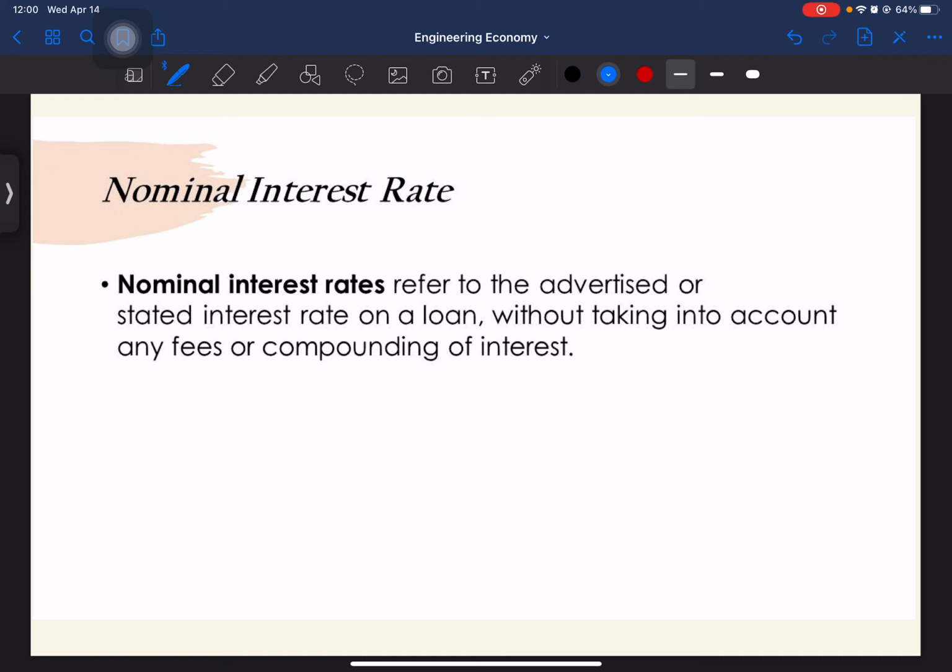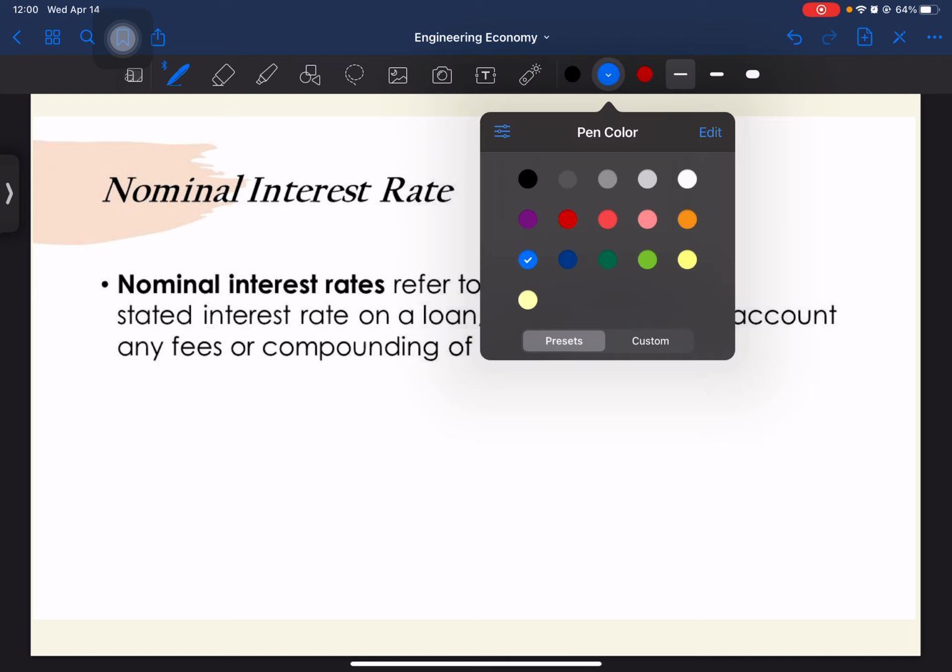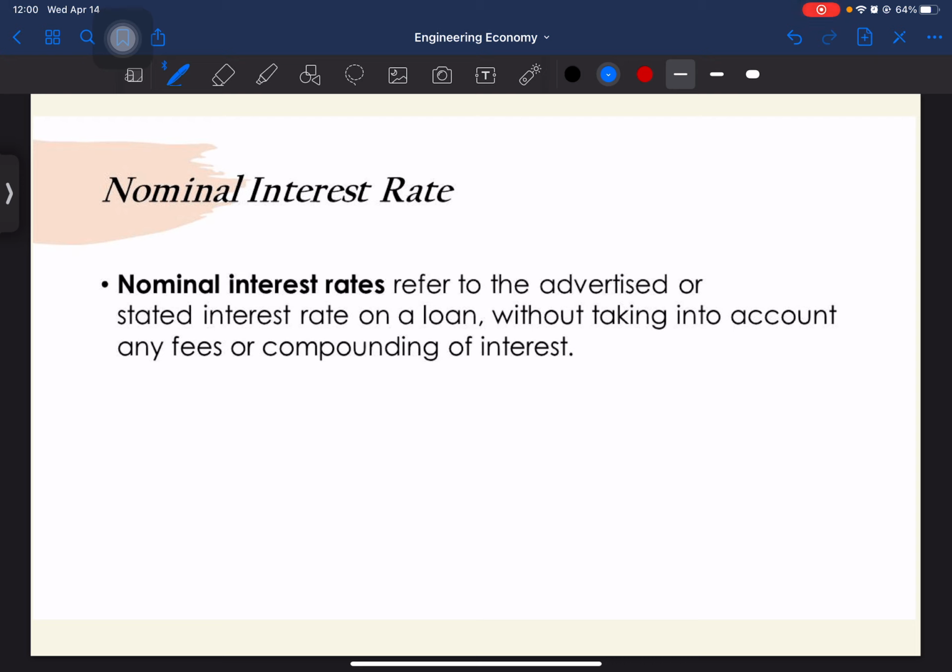Okay? Ano ba example ng mga nominal interest rate? I think nakita nyo na to dun sa last exercise ninyo. Let's say, mga 10% compounded, let's say semi-annually. Tapos 10% compounded quarterly.